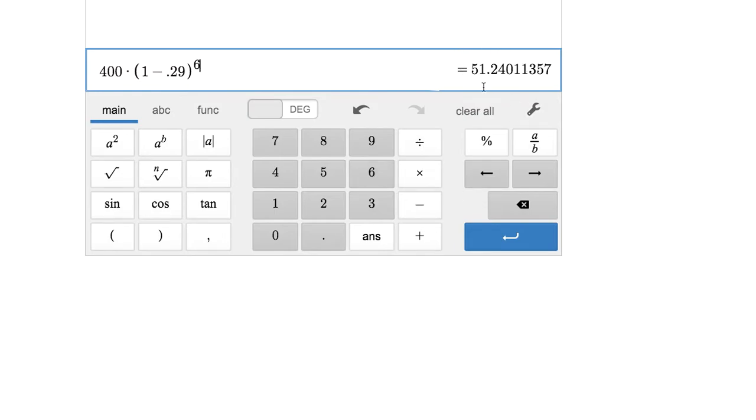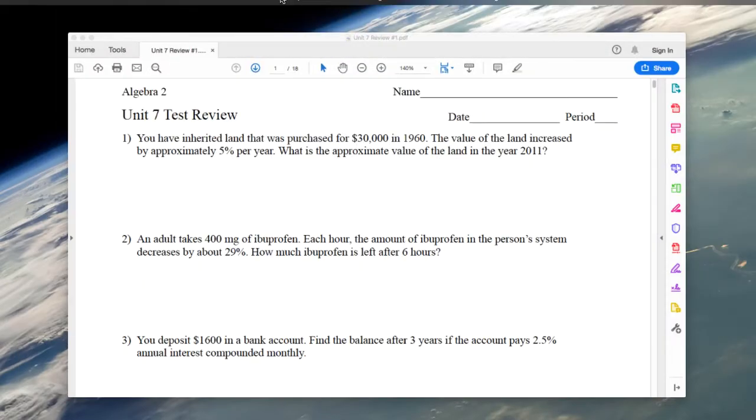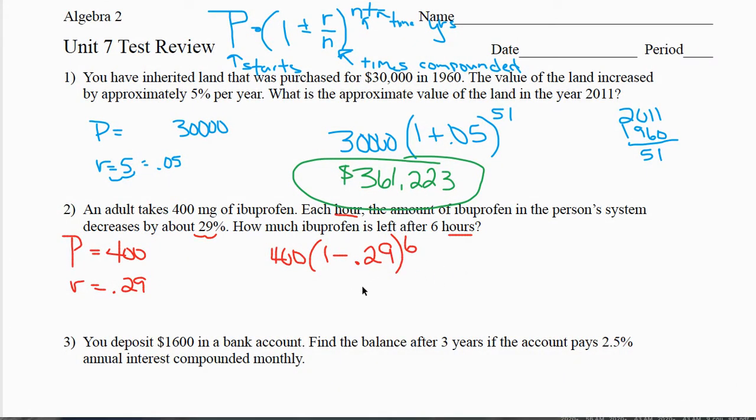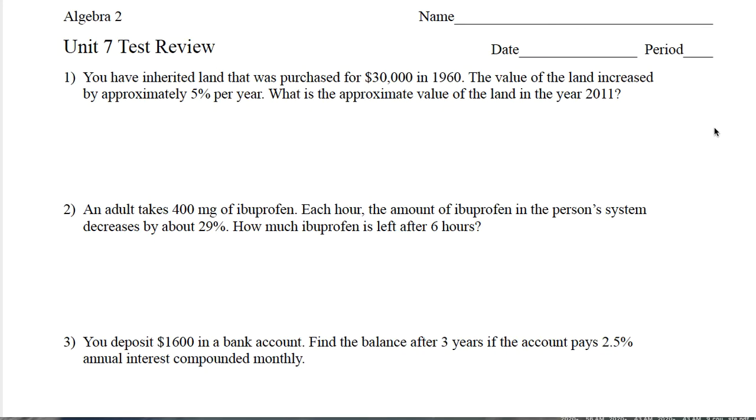So you should see that there is 51 milligrams. How much ibuprofen is left after 6 hours? 51 milligrams. Approximately, because I rounded.